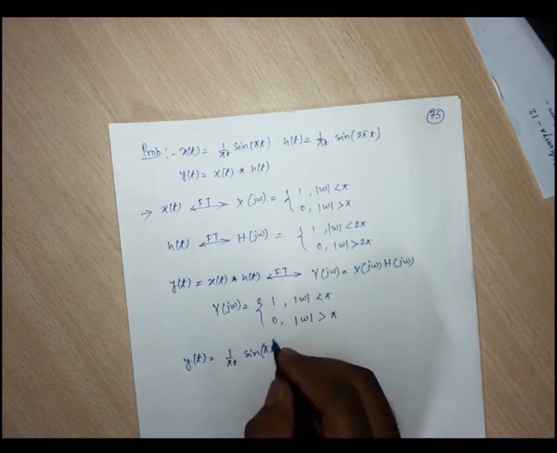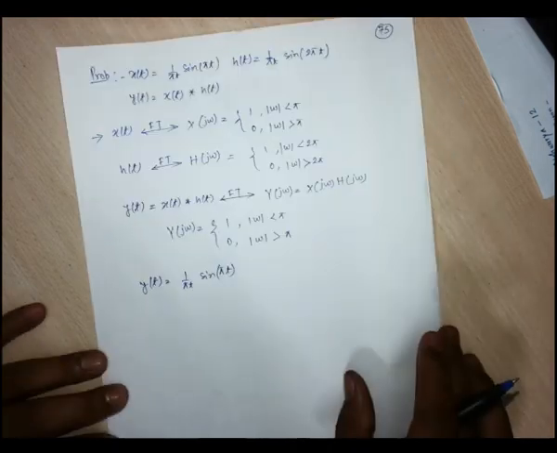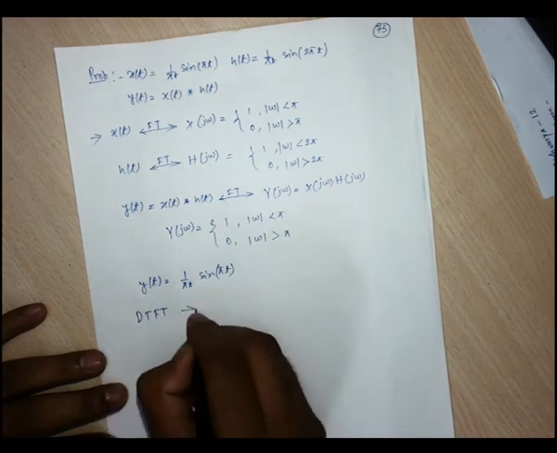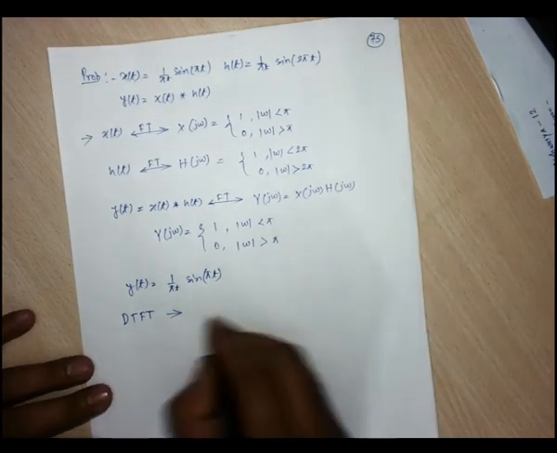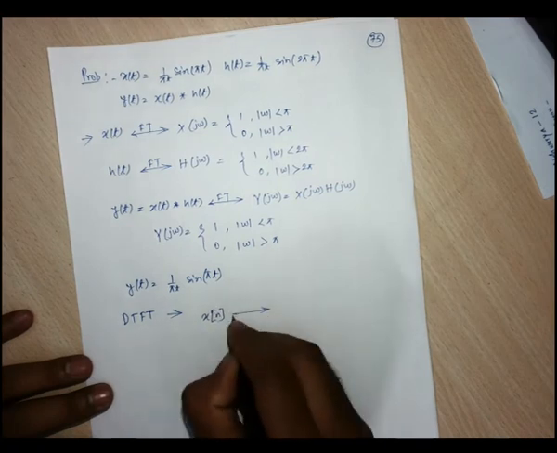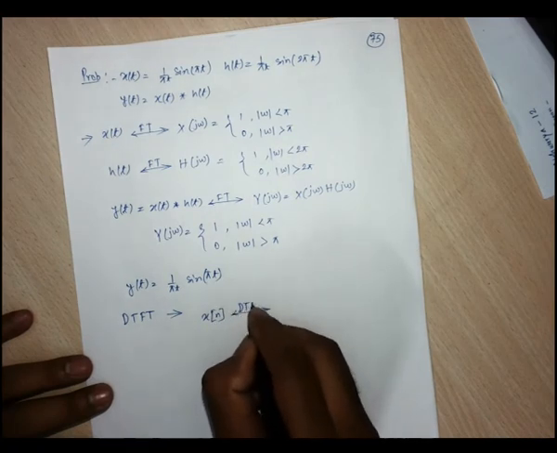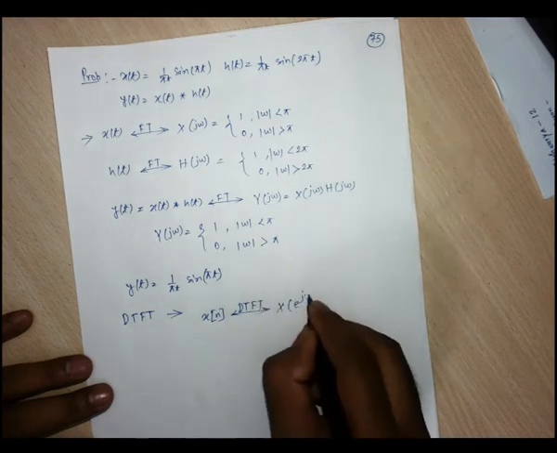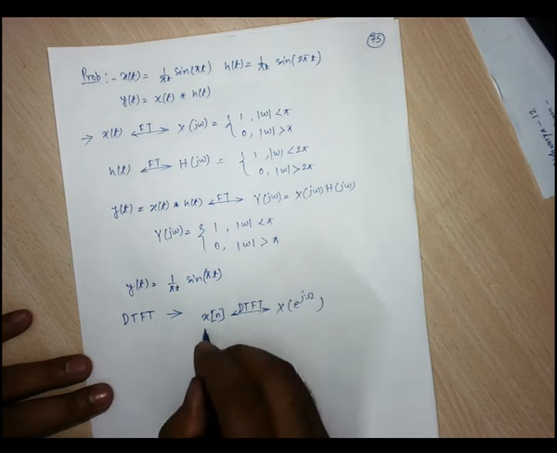Similarly, we can go with the DTFT also. In the case of the DTFT, it is the same. Some x[n] is given. First we take the DTFT, which results in X(e^{jω}). Same, some h[n] is given.